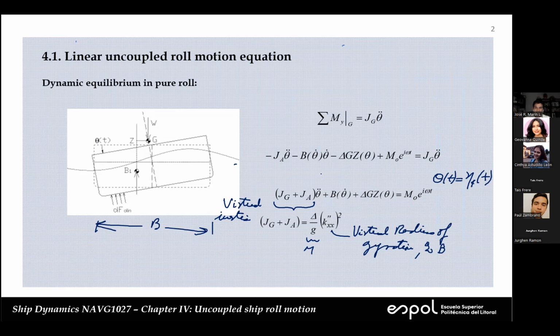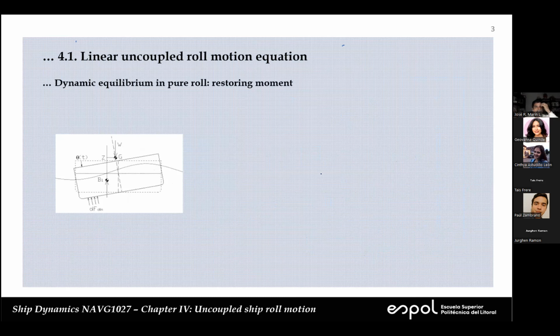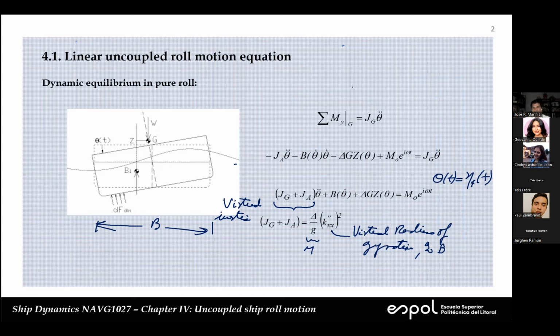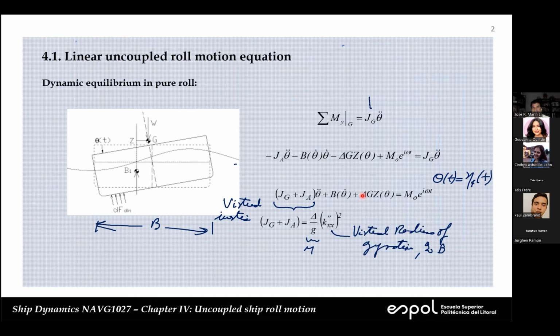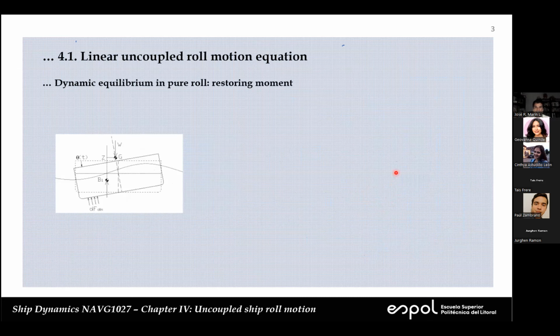Now about the restoring moment, this term here, we're going to assume that we are inside what we know as the initial stability region.